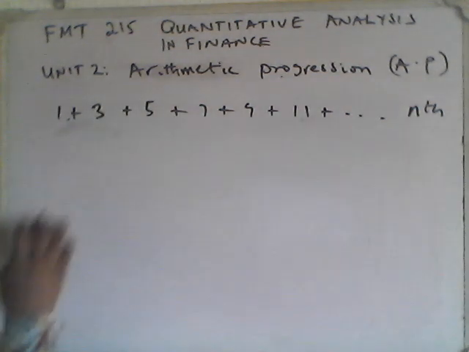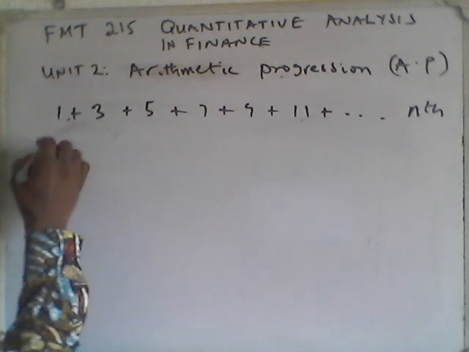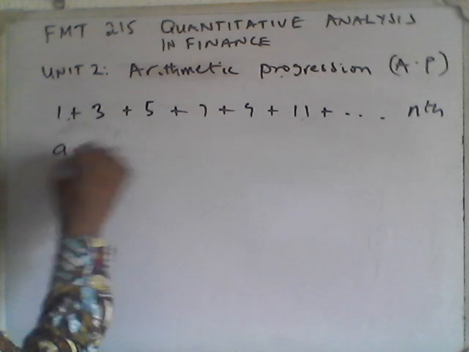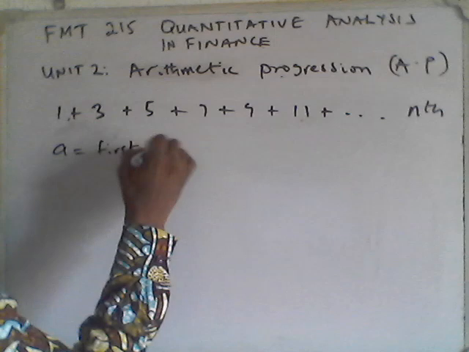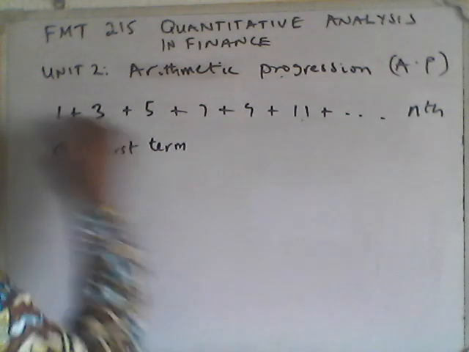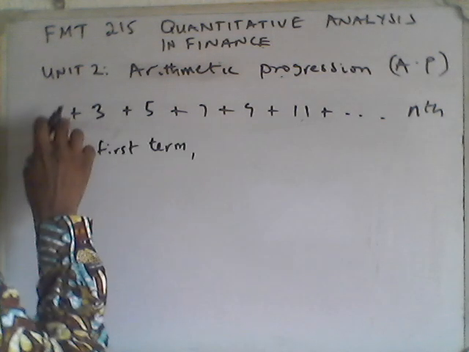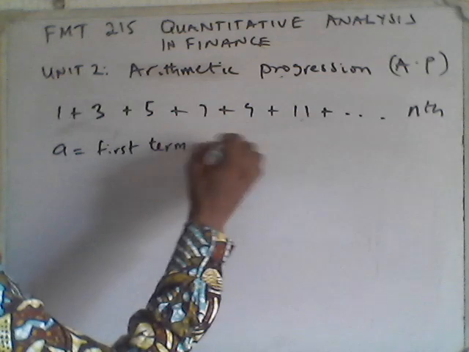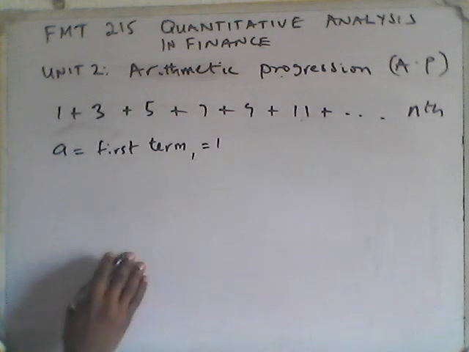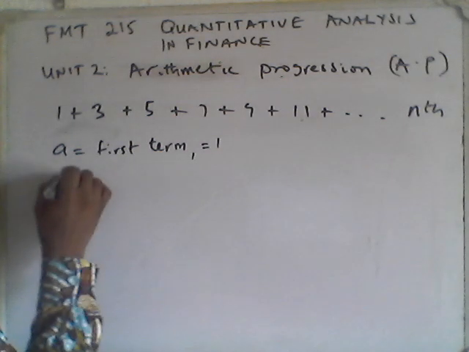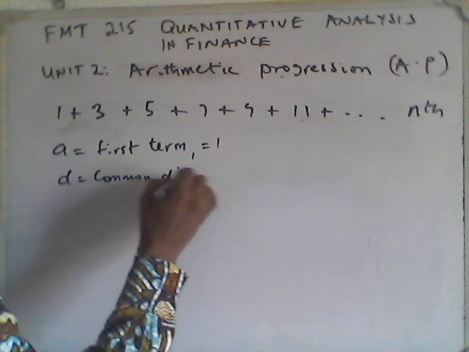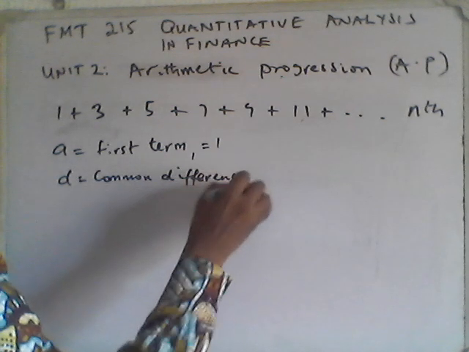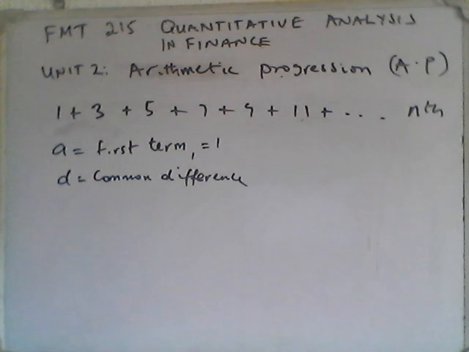Number one, there is a concept known as the first term. A is the first term, and for this particular series, the number that starts the series is equal to 1. And there is D, known as the common difference. The common difference is the constant difference between two consecutive terms.